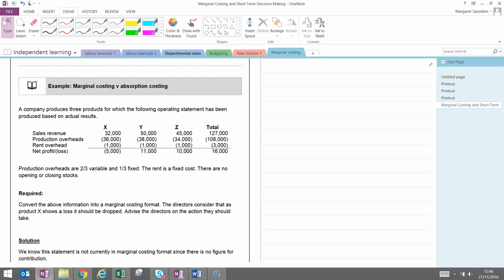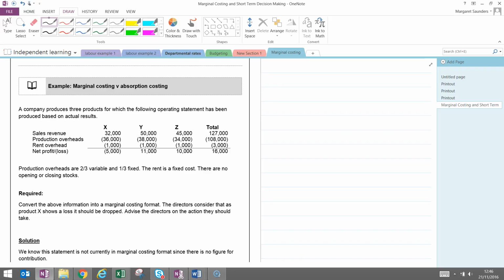So the format that we need to get this into is to show the sales, then minus the variable costs. That will give us a contribution, and then we will minus the fixed costs, and that will give us the profit. So we need to know what our variable and fixed costs are.